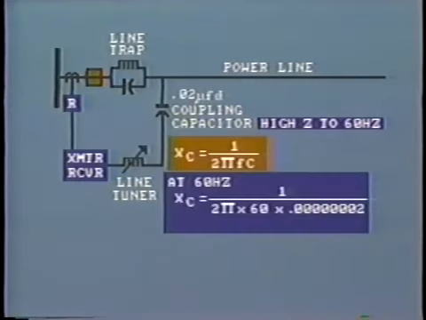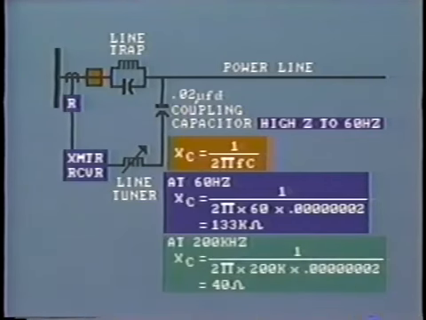At 60 cycles, the capacitive reactance would be 1 divided by 2 times pi times 60 cycles times 0.02 divided by 10 to the 6th. This all works out to about 133,000 ohms, an extremely high impedance, which would certainly block the flow of 60 hertz current from the line.